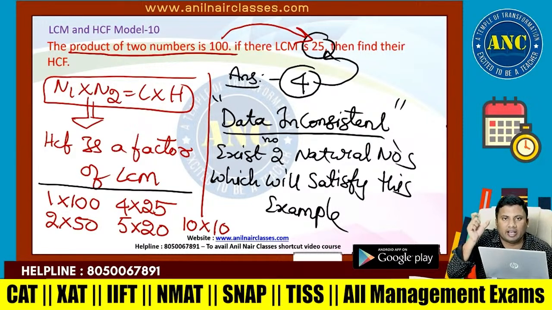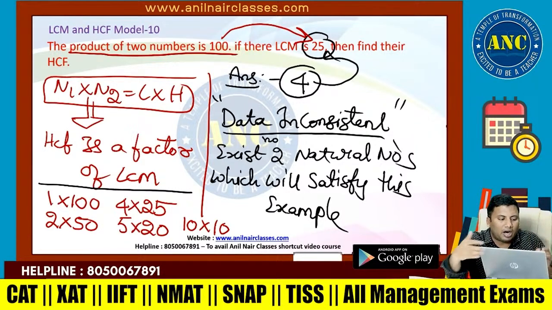Without reading the first point, you are reading point number 2. If anybody has taught you this formula without telling that HCF should be a factor of LCM, they are cheating you in the name of teaching. They do not even know the basics of number system.